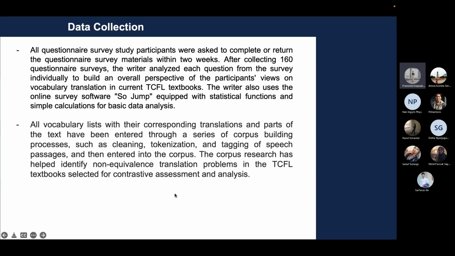The corpus research has helped identify non-equivalence translation problems in the TCFL textbooks selected for contrastive assessment and analysis.